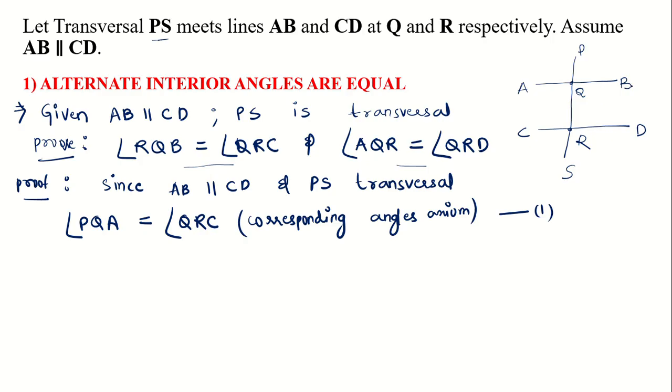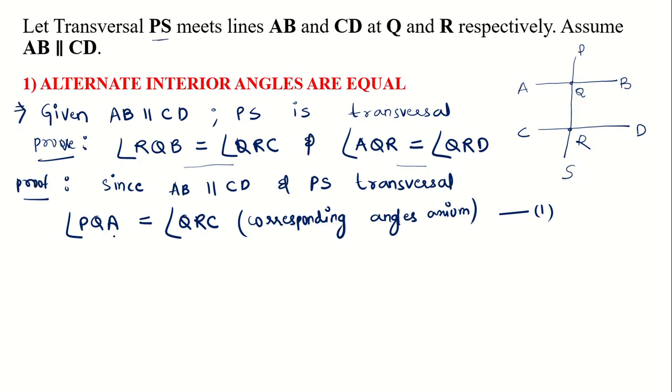So whenever you have two parallel lines cut by a transversal, the first statement is corresponding angles are equal, and the second statement is vertically opposite angles are equal. You need to remember these two statements.